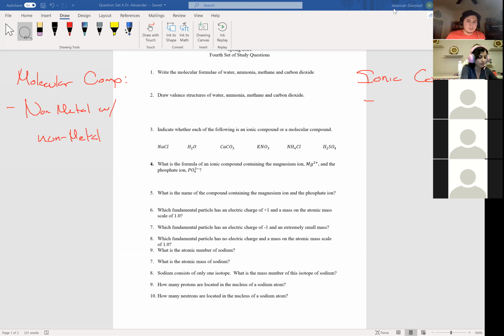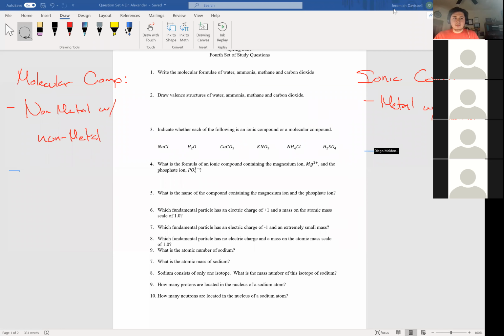One metal and 1 non-metal. Okay, so here we have a metal with a non-metal. So these are two ways to identify them, but there's another way. How do our electrons interact with each other in ionic and molecular compounds?